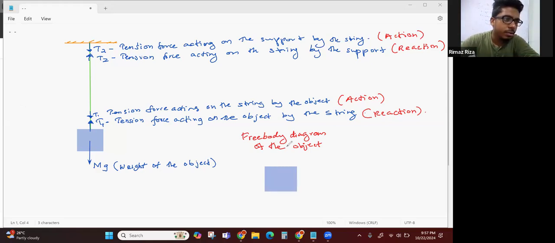If we consider the free body of the object, we have to mark only the forces acting on it. So it's weight vertically downward, capital Mg, and then there is a tension force acting on the object by the string, vertically upward, T1. Since the object is in equilibrium, it is not accelerating, so T1 must equal capital Mg, right?